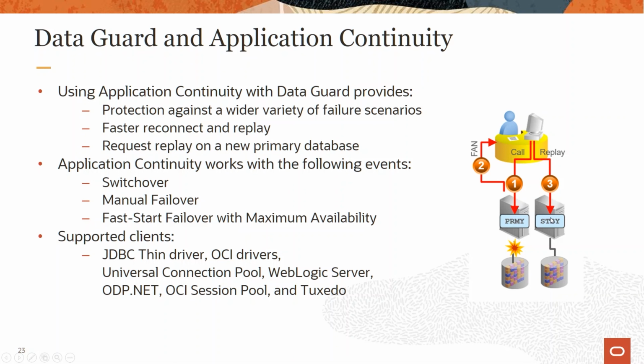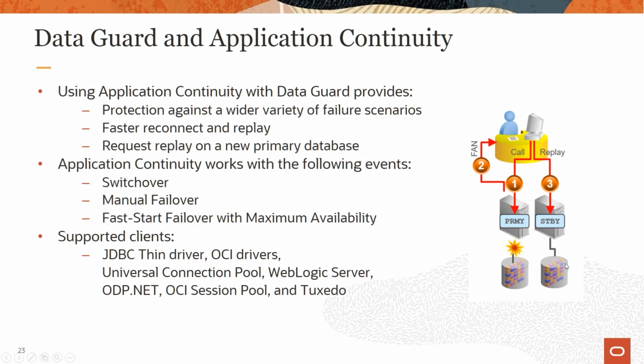So the role got changed. So my Application Continuity looked for the new location, which is the new primary database, which was a standby database, and then established a connection, and then queried the database to see what my last transaction commit status was.